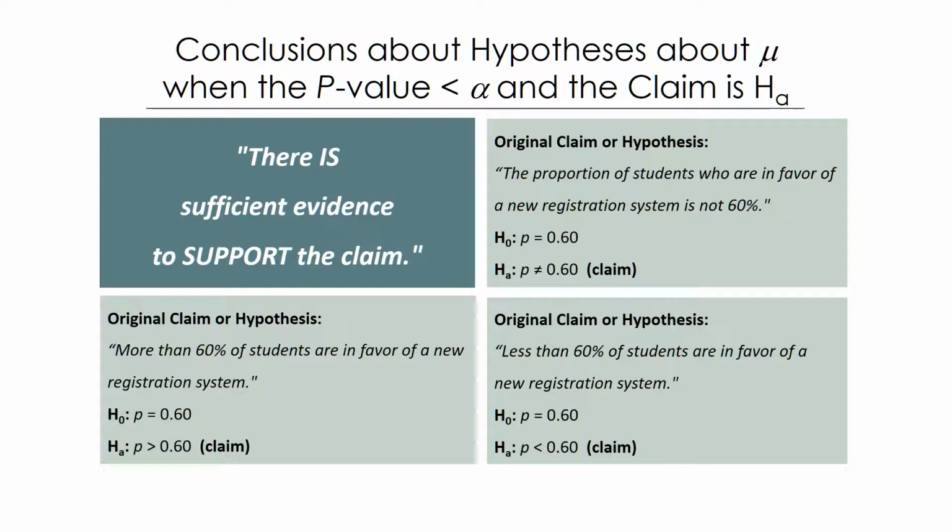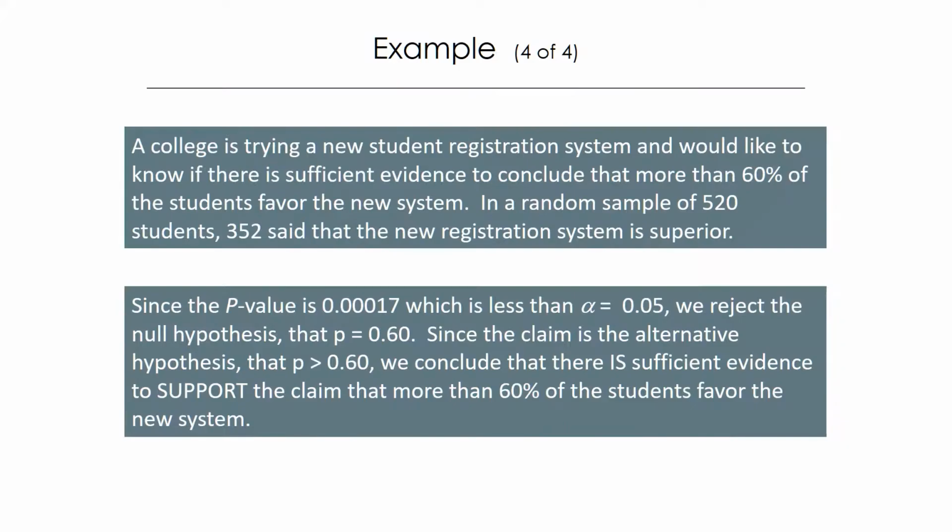When the p-value is less than alpha and the claim is HA, for example, more than 60%, or less than 60%, then we reject H0 and support HA. So we say there is sufficient evidence, it is significant, to support the claim. That's the case we're in with our example.